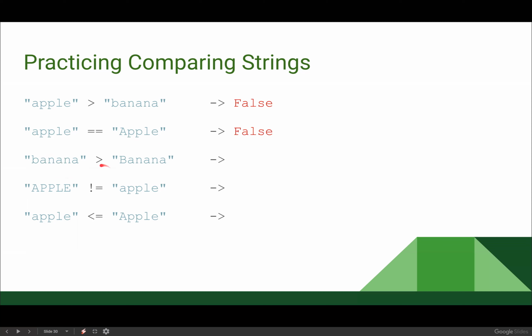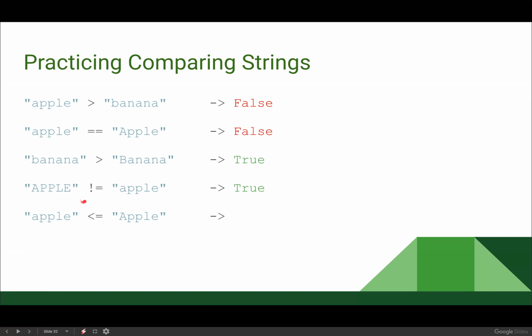Is banana greater than Banana? Yes, it is. So that one is true because lowercase is bigger than uppercase. Is apple not equal to Apple? Yes, those are not equal, so we get true.